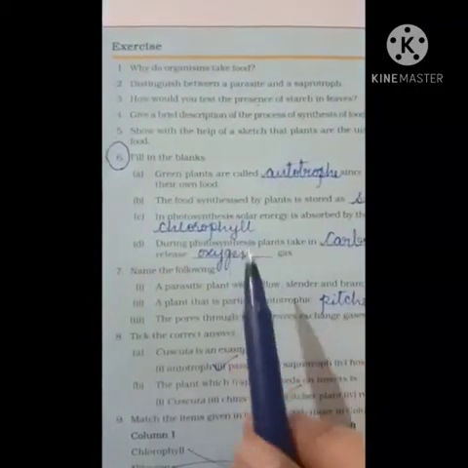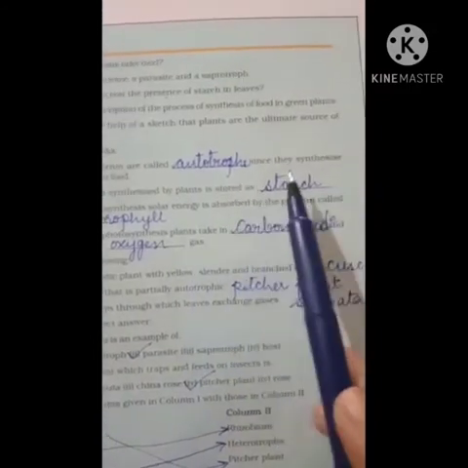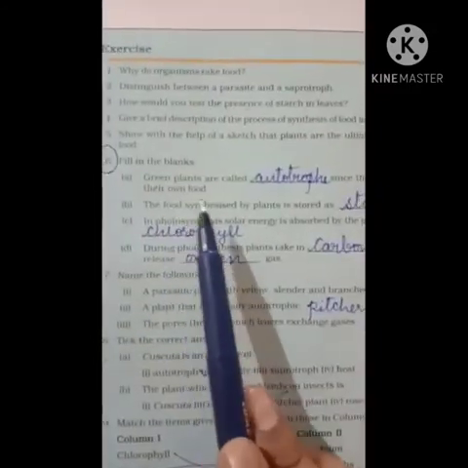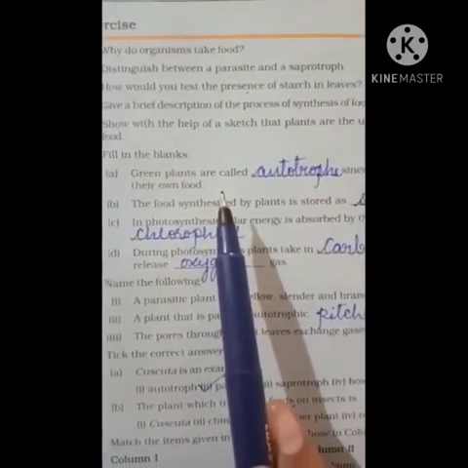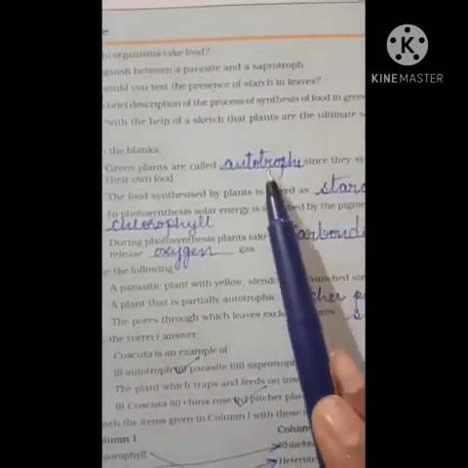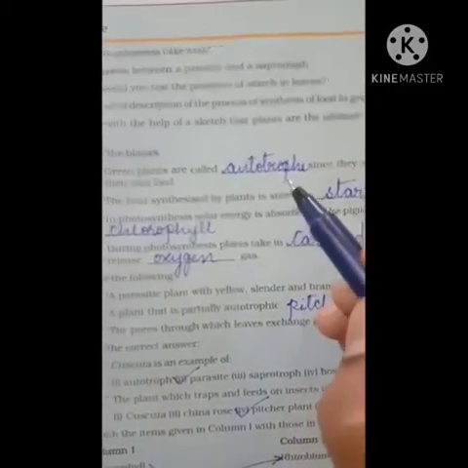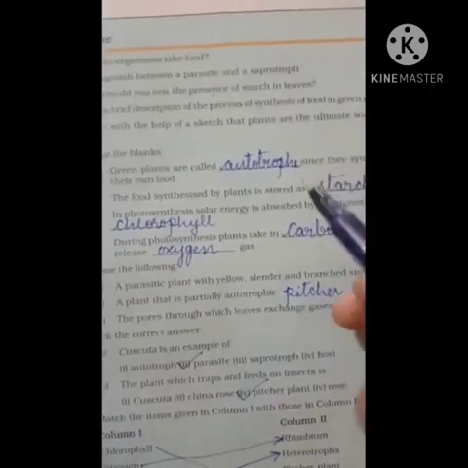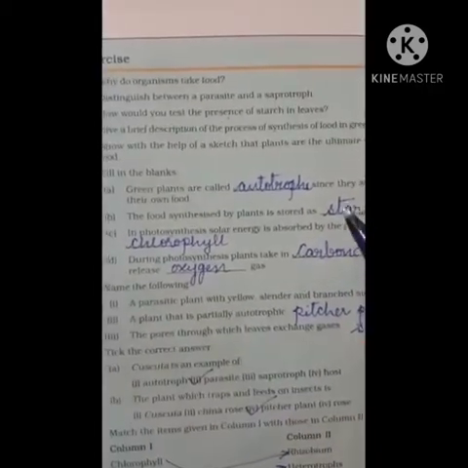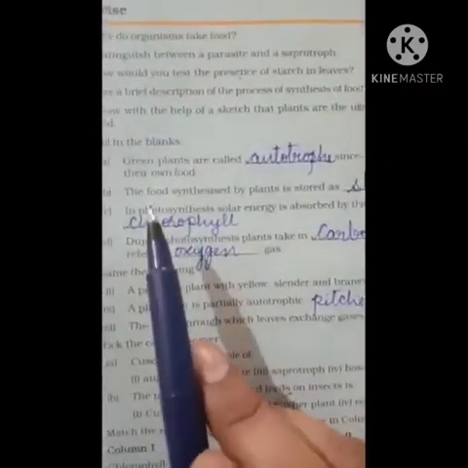Fill in the blanks. Green plants are called dash since they synthesize their own food. So what do you call an organism which synthesizes its own food? That is autotrophs. Auto means self, trophs means preparing. Okay, self preparation of food. So green plants are called autotrophs since they synthesize their own food.